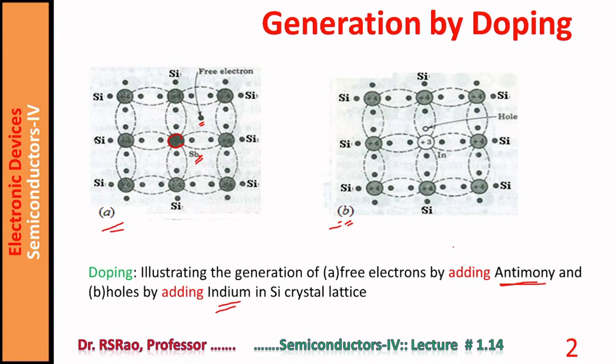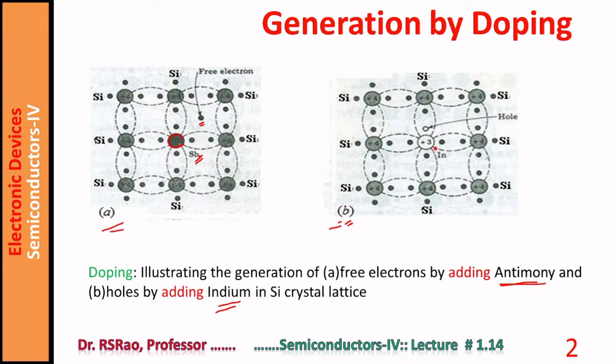These 3 electrons occupy 3 vacant positions in the covalent bonds that exist when silicon atoms are displaced by the indium atom.